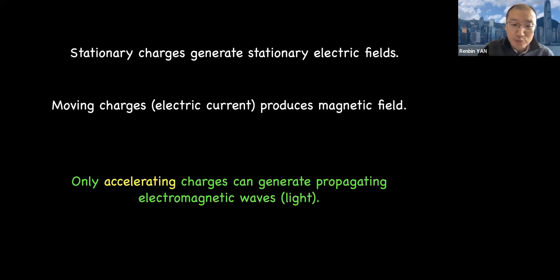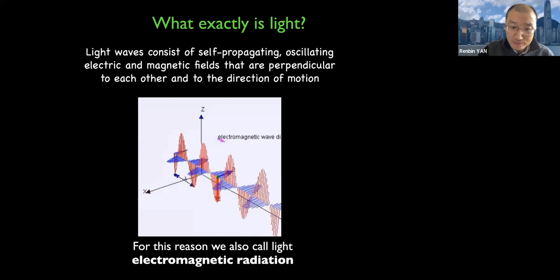Then it starts to form a wave that is called an electromagnetic wave. This is what James Clerk Maxwell came up with. That is how the electric field and magnetic field can combine to form electromagnetic waves.